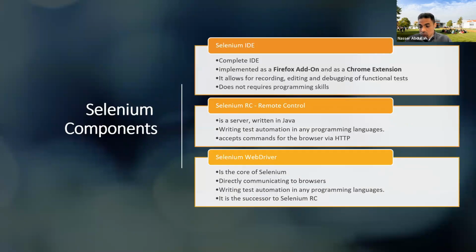As you see here, these are the Selenium components. Guys, here is what we mean by components. As we said previously, Selenium is a collection of tools and libraries. The first one, the easy one that anyone can use, is Selenium IDE. It doesn't require any programming skill. If you want to write some code you can, but you don't have to.